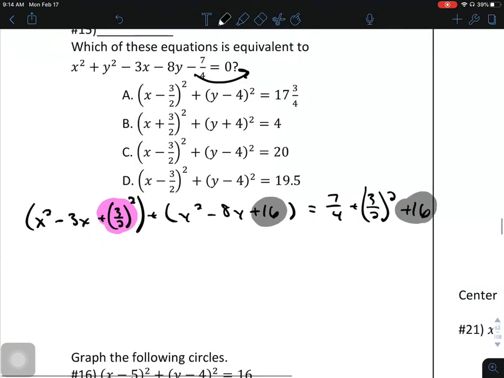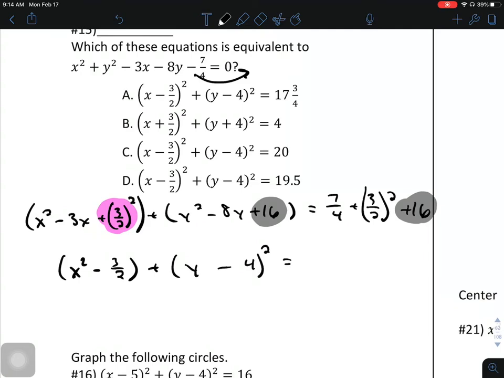On the left, to factor this perfect square trinomial, take the square root of x squared, which is x, sign of the middle term. The square root of 3 halves squared is just 3 halves. Plus square root of y squared is y, sign of the middle term is minus, the square root of 16 is 4. Whoops, square root of y squared is y, not y squared, equals.